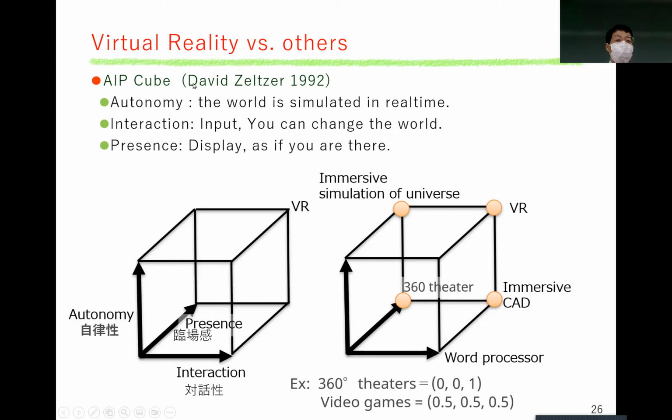That is his point. And many media can be mapped on this cube. So virtual reality is here. All three components are one. So virtual reality has all three properties.